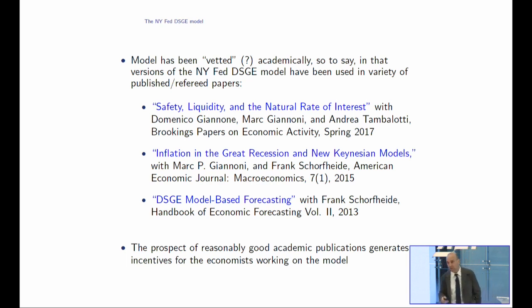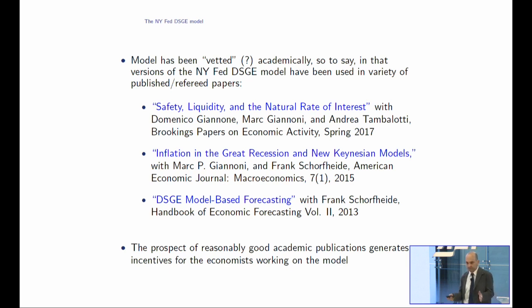But also, we want to put our models out there in terms of presenting them at academic conferences and using them in papers that are published in good economics journals. And there are three fairly recent examples, or handbook chapters, or anyway, stuff that is peer-reviewed or has editors and so on. Why do we do that?